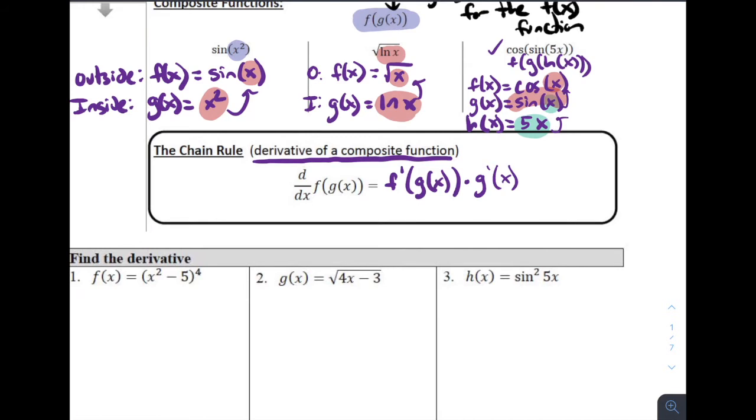So to take the derivative of a composite function, take the derivative of the outside, plug the inside function in, then multiply by the derivative of the inside. That is our chain rule.